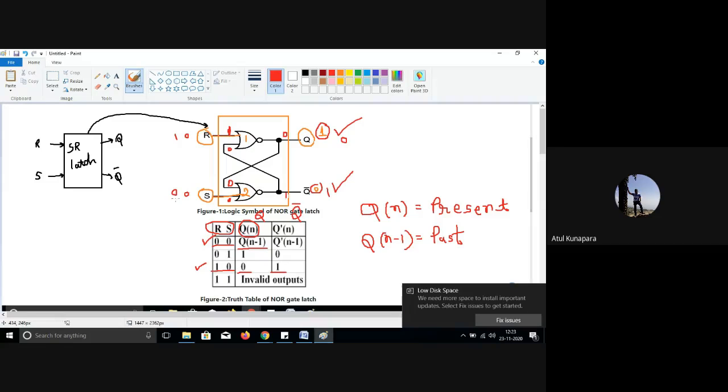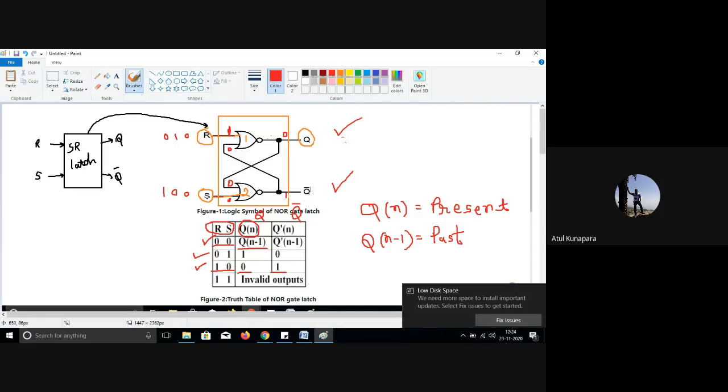Now, you can take the condition when you are setting R equal to 0 and S equal to 1. Let me take a prior condition here. Let us say your Q is 0 initially and Q bar is 1. Let us talk about that condition first.